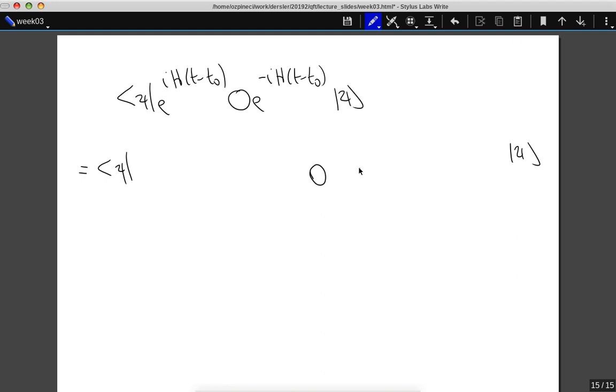Now, let me write it in a slightly different way. I have the operator O. Let me evolve the operator O with H0. Since I can solve H0, I know what these operators are. Well, of course, I shouldn't change the other parts.